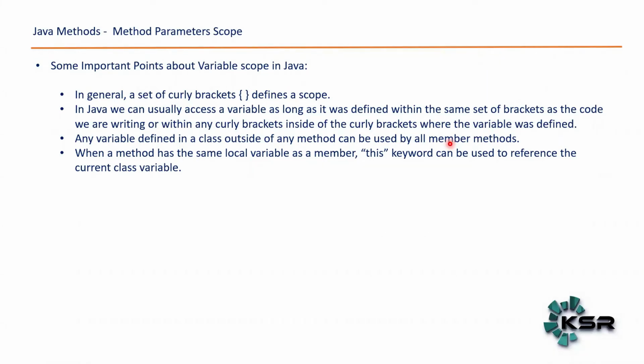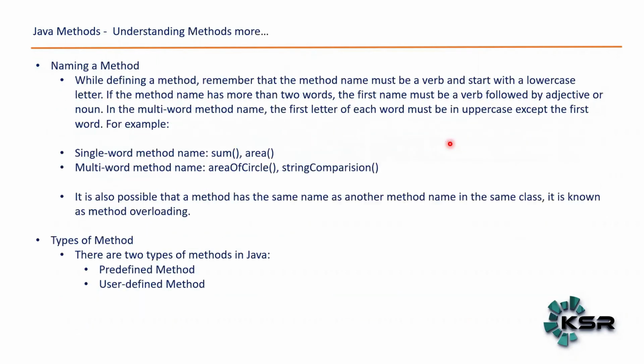So when a method has a local variable with the same name as a member, the this keyword can be used to reference the current class variable. So in a local variable, you can assign the value through the this keyword. We have seen that example here.